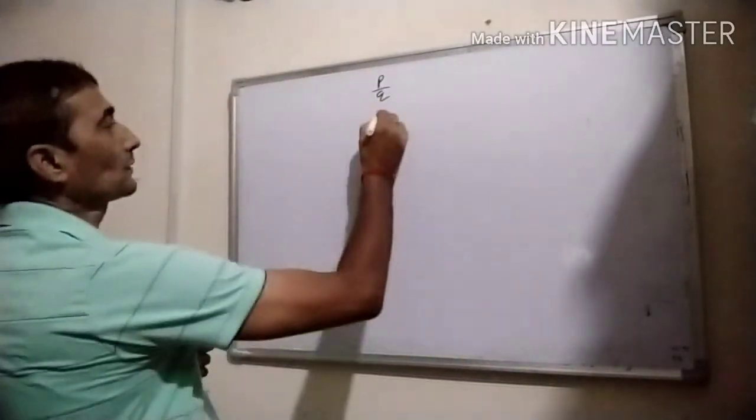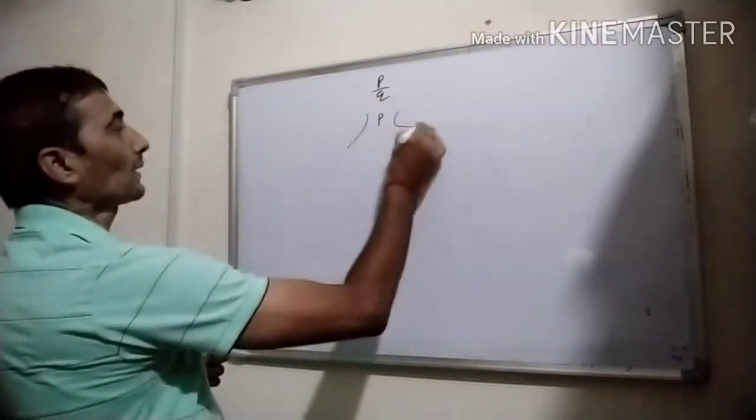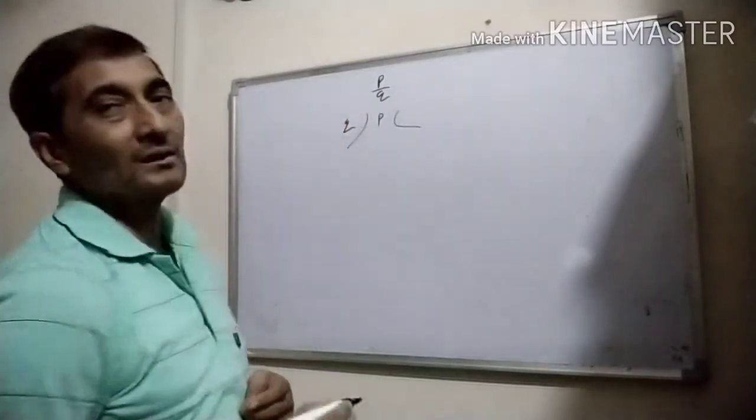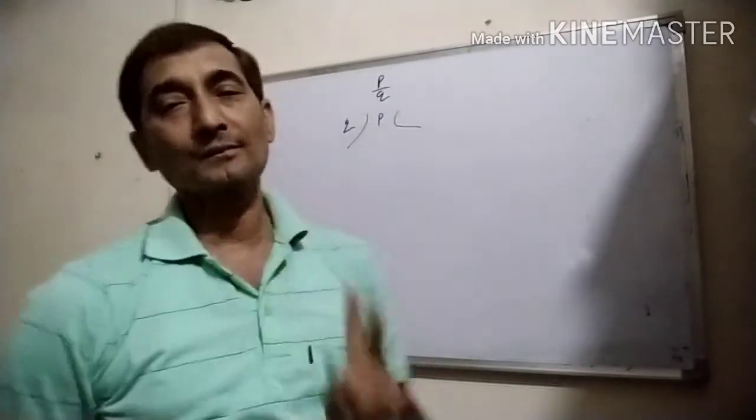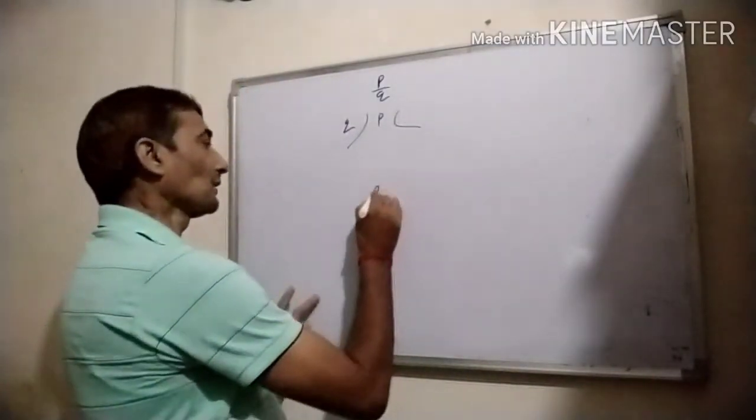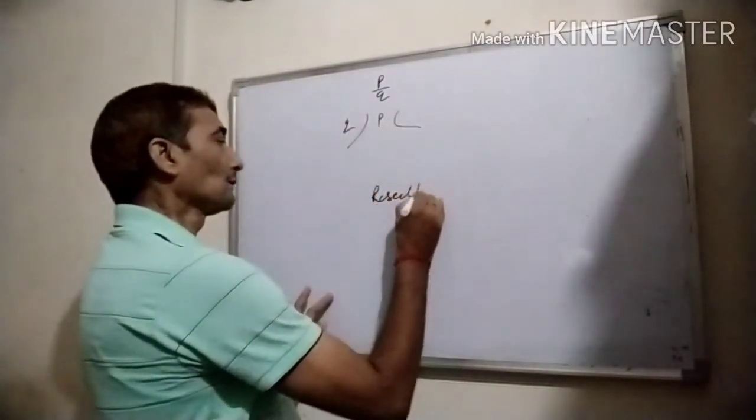When we are going to divide P by Q, then two results may be possible.